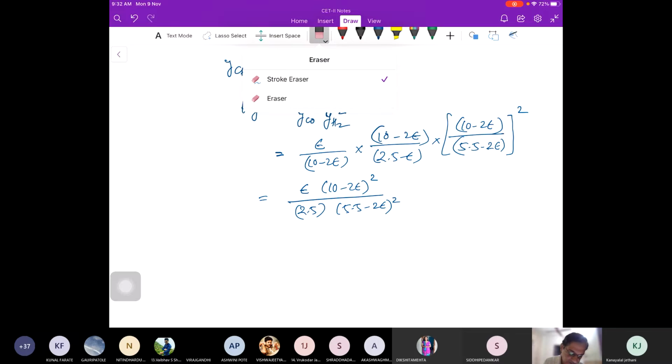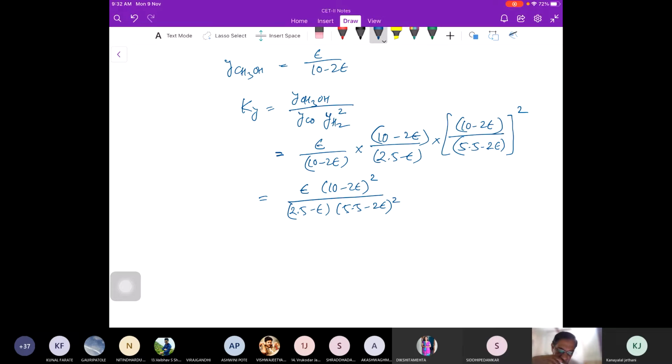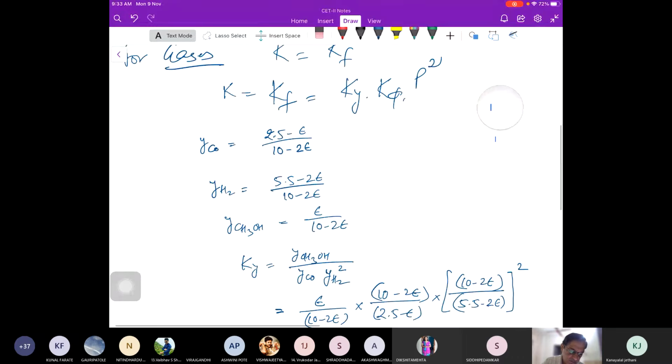2.5 minus epsilon will come. Is this correct? Yes, sir.